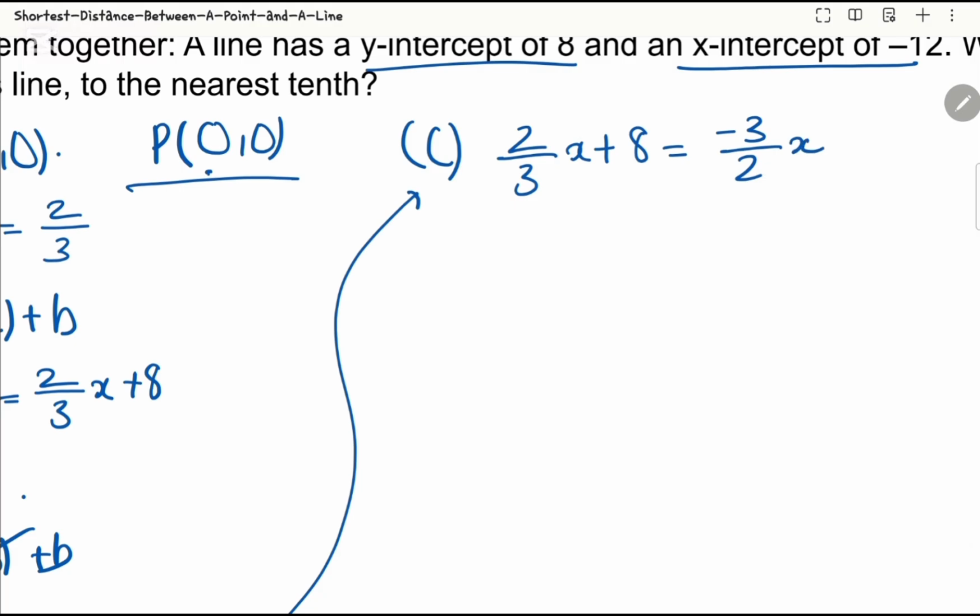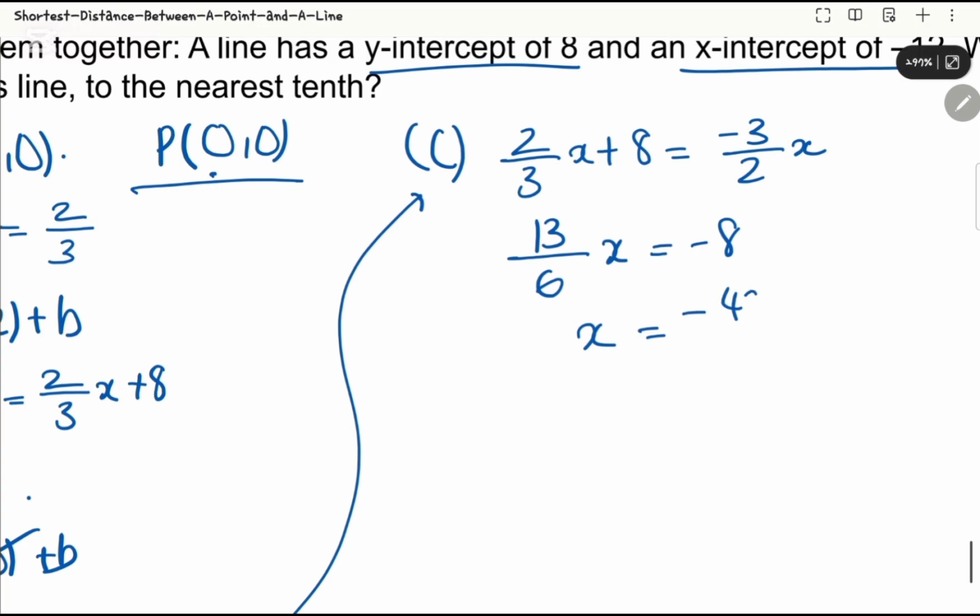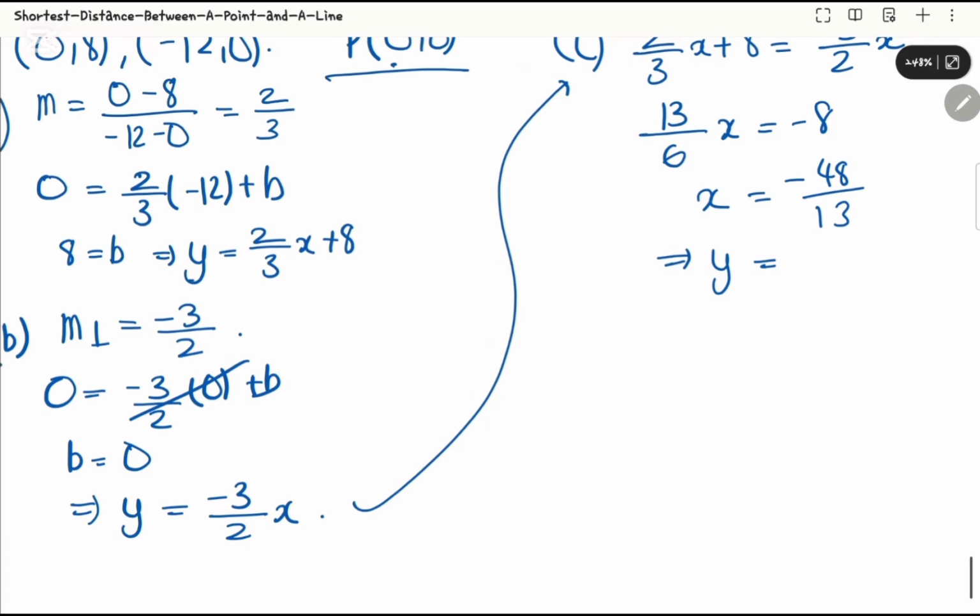Okay, just move the variables to one side. Divide by 13 over 6, you get this number.